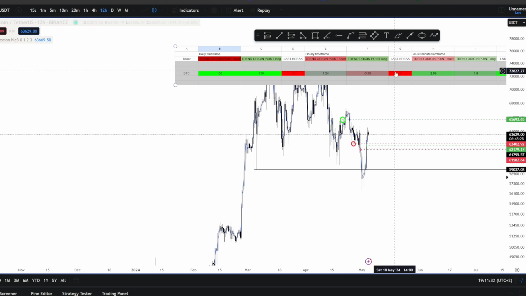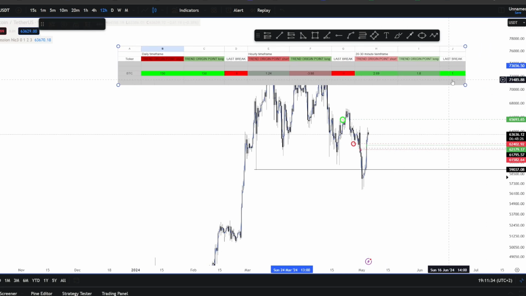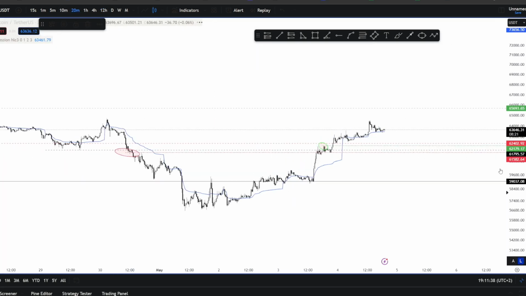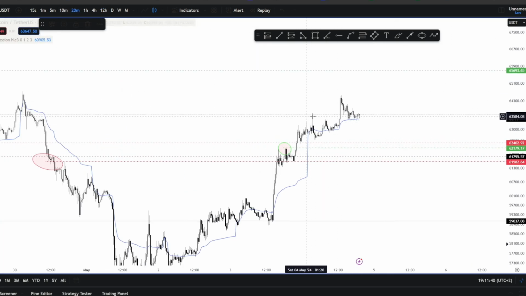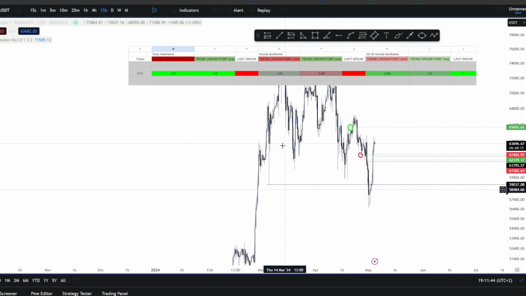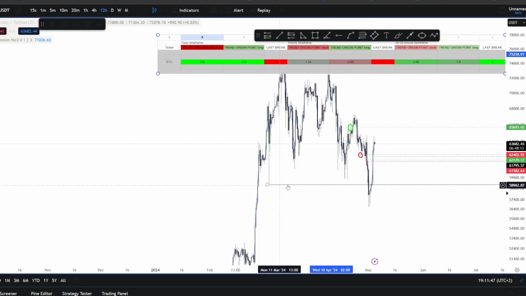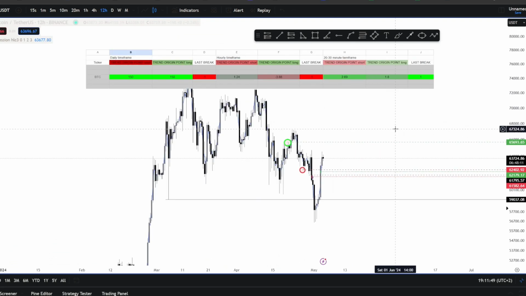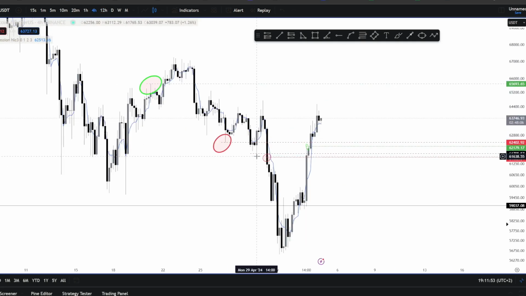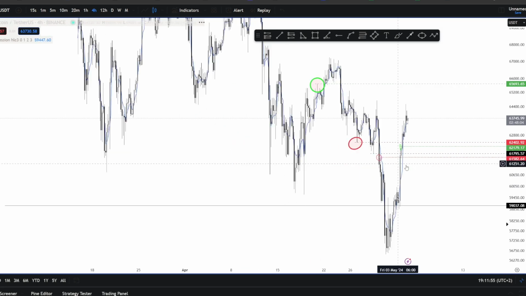Mid time frame also downside. Small time frame upside break being this right here. And on the big time frame, which is this break right here. And on the mid time frame, it's this break right here, downside break.